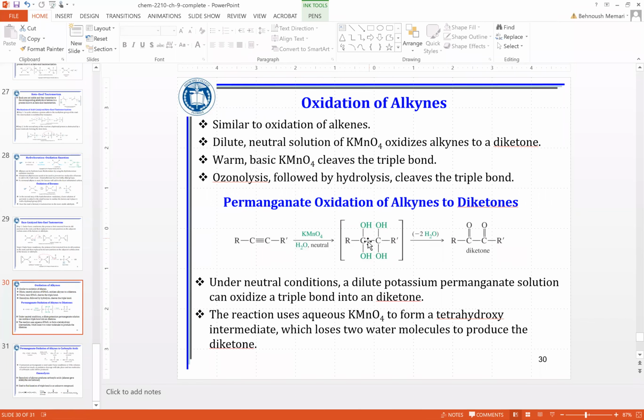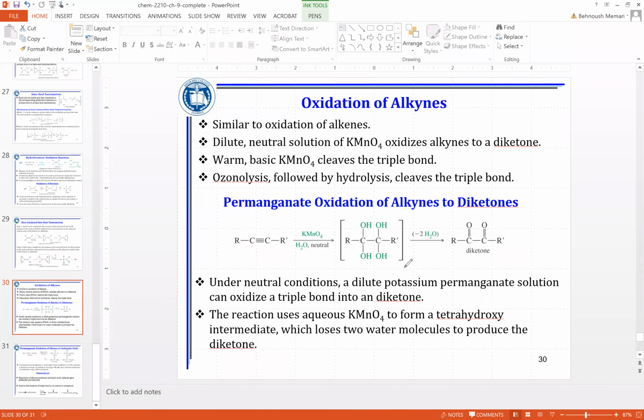This is the case when you are using dilute and neutral permanganate. It's not concentrated permanganate, so it's not a very strong oxidizing agent. It's a mild oxidizing agent. It only breaks the pi bond. If one pi bond is broken, you would get OHs added. If 2 pi bonds are broken, you get the ketone, or in this case, a diketone.